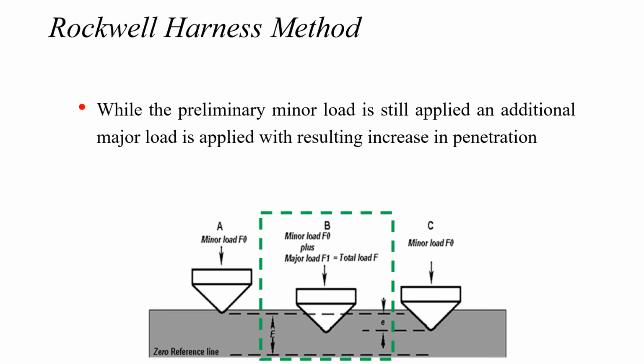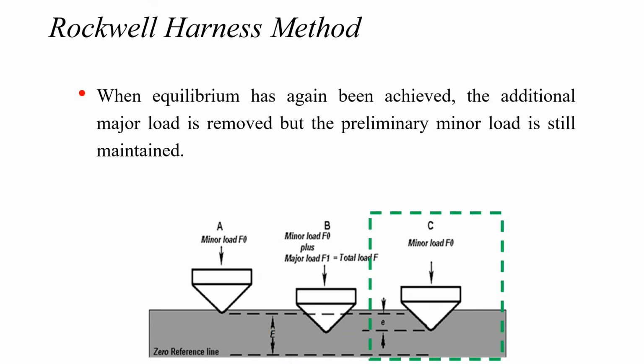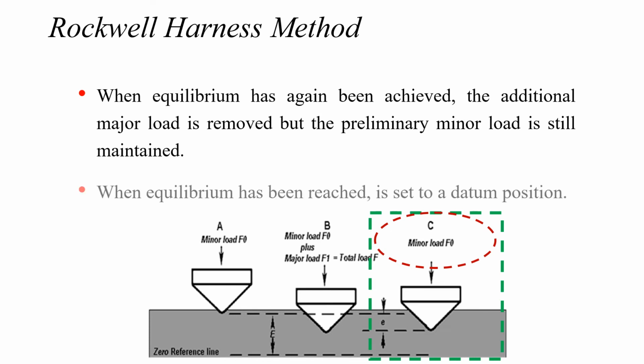While the preliminary minor load is still applied, an additional major load is applied, with resulting increase in penetration. When the equilibrium has again been achieved, the additional major load is removed, but the preliminary minor load is still maintained. And again, when the equilibrium has been reached, it is set to a datum position. Obviously, we are interested in both positions, the initial and the final.